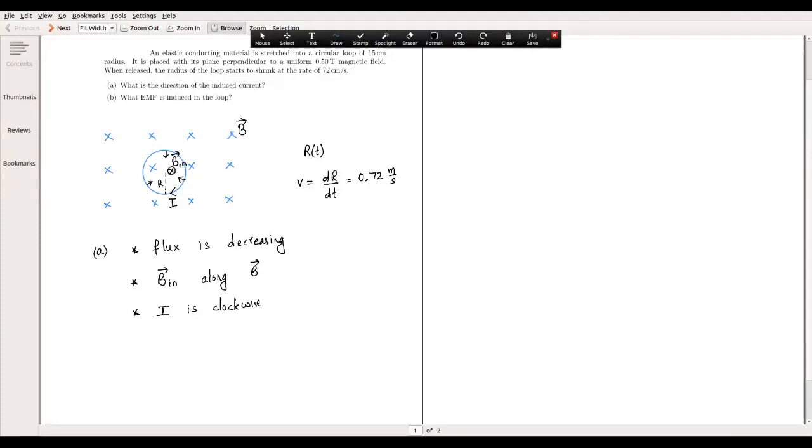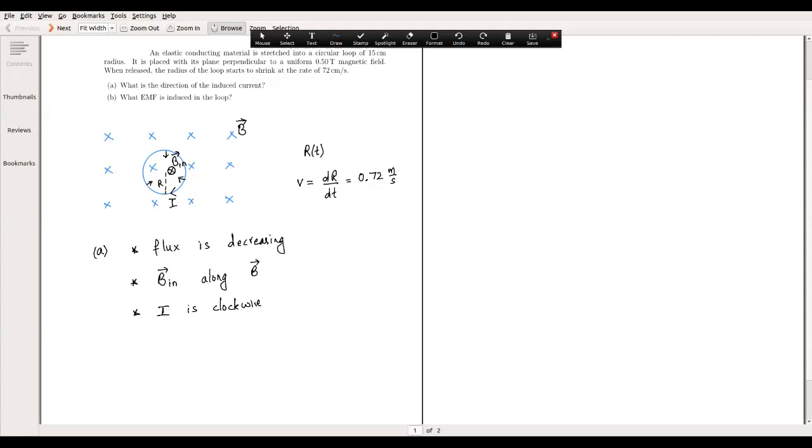Both with respect to the magnetic field, both answers are right. Relatively speaking, it should be consistent. So in this particular diagram, since the magnetic field to begin with is going into the whiteboard, the current is clockwise. So that's the direction of the current that's needed in part A.